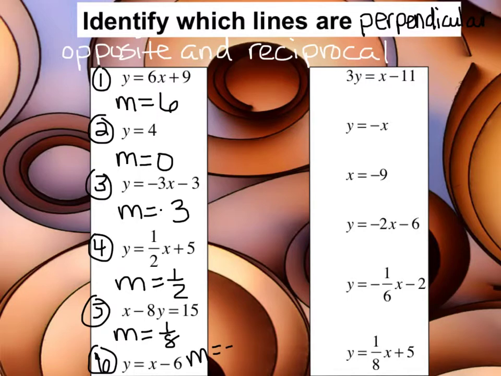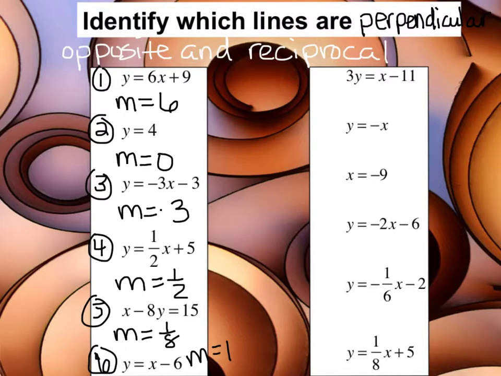I'm just going to write negative 1. Weird. Oh my goodness, I can't believe I want to write negative 1. There we go, positive 1.